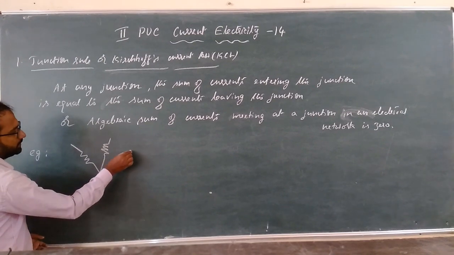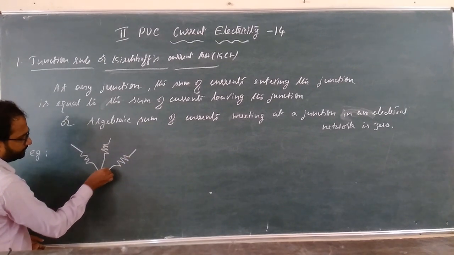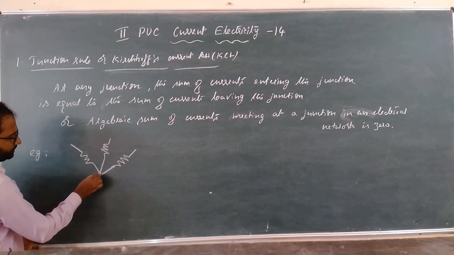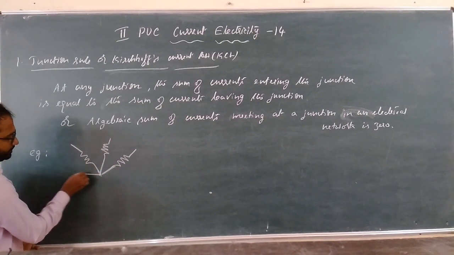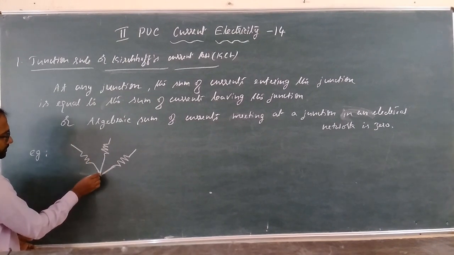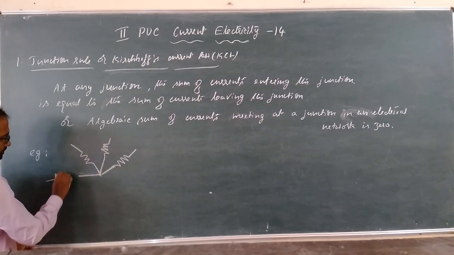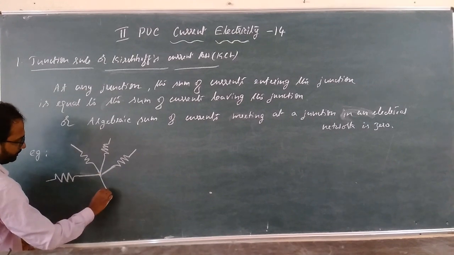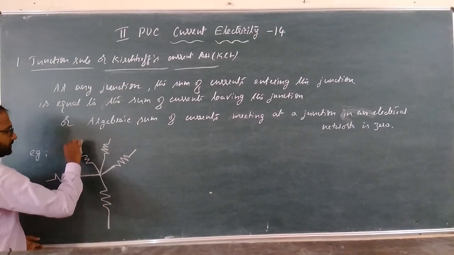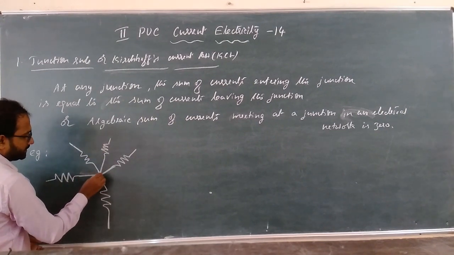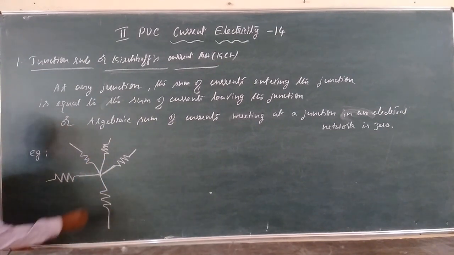Say this is a junction where 5 resistors meet.